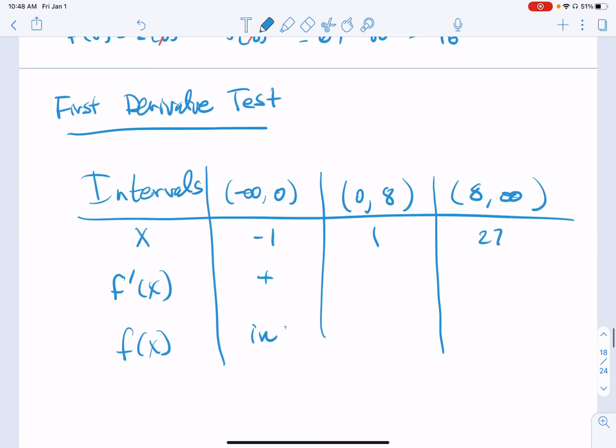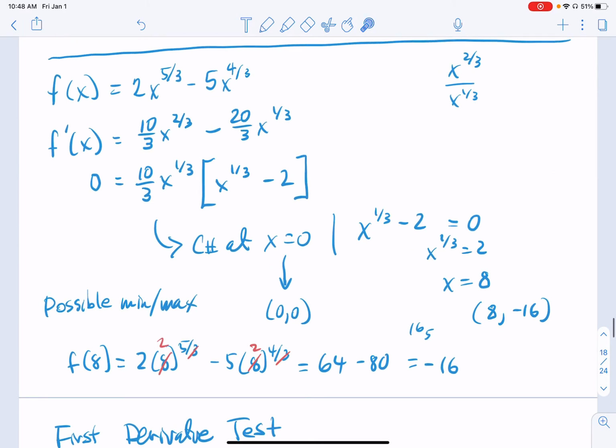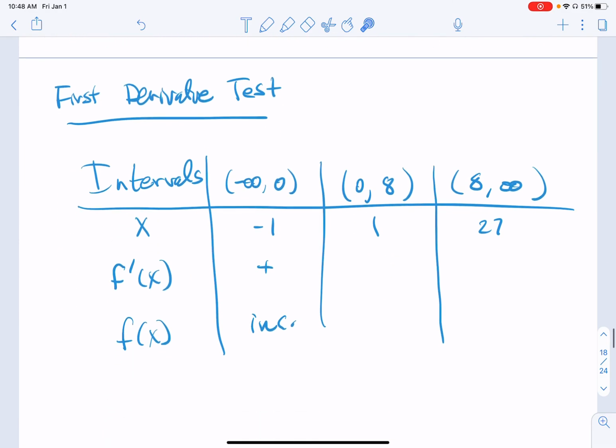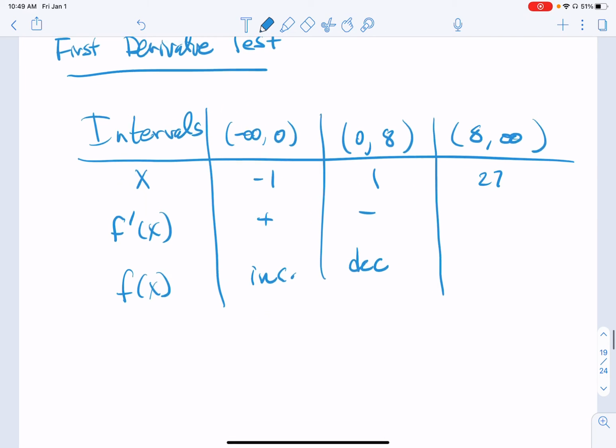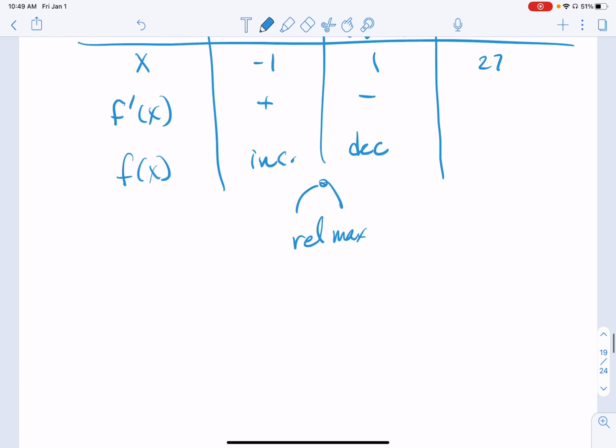And then if I stick in a +1, +1 makes this positive number out here. Cube root of 1 is 1. 1 minus 2 is a negative number. Positive times negative makes this negative. It's decreasing. And if we're increasing and then we're decreasing, we found ourselves a relative max at 0, 0.